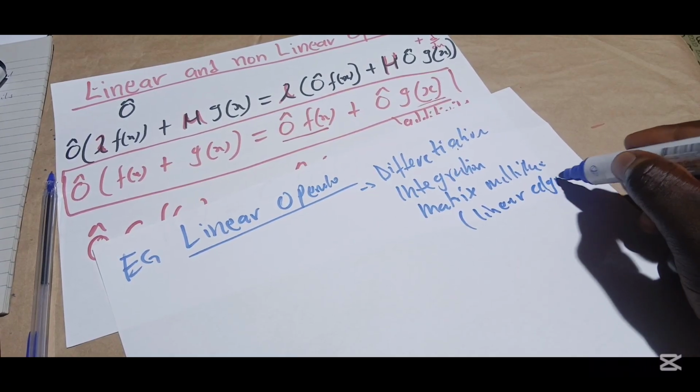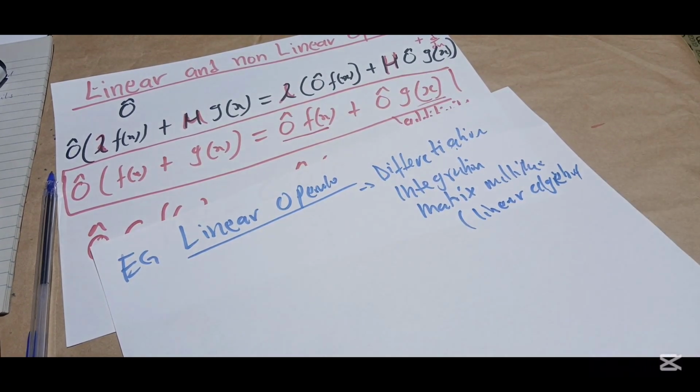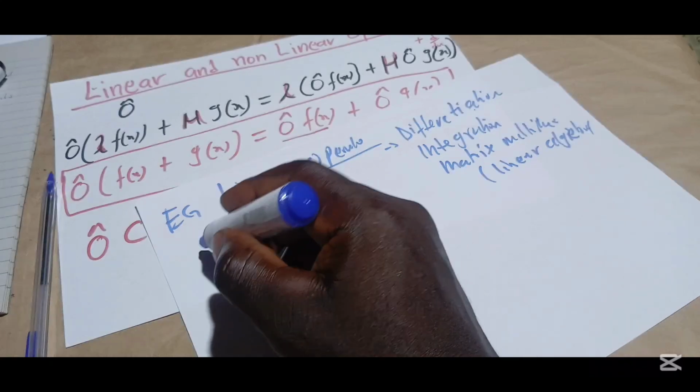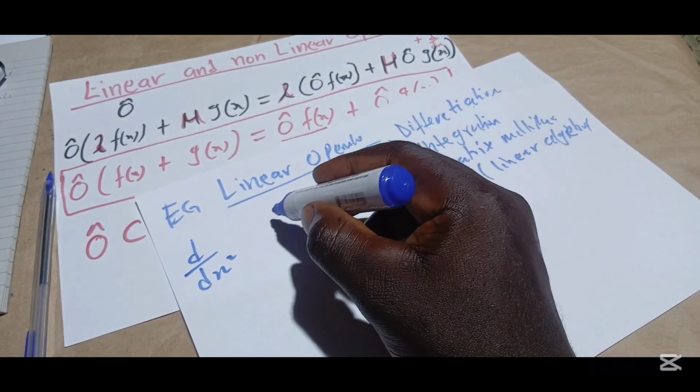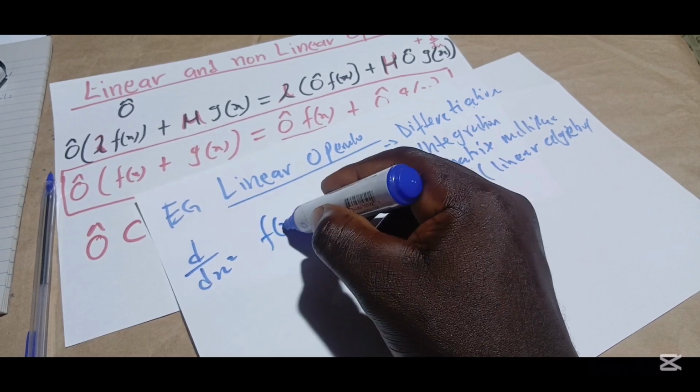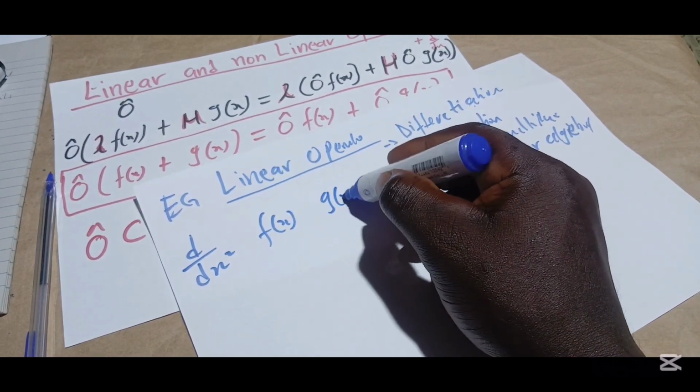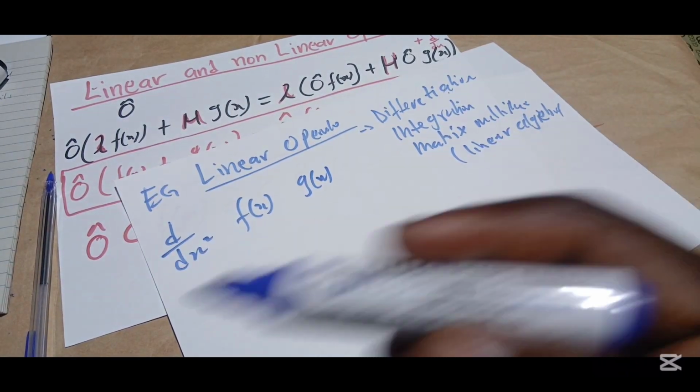Differentiation is linear. Example, let's see whether the operator d over dx squared is linear with the given functions f of x and g of x.